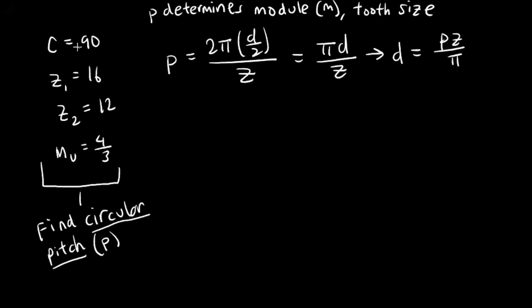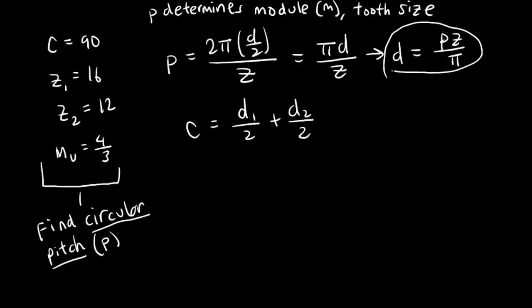Now, what do we know about the center distance over here? Well, we know it has to be the radiuses of the pitch circles added up. So that's going to be d1 over 2 plus d2 over 2. Now we can plug in what we just found into that equation. So what we're going to get now is pz1 over 2 pi, plus pz2 over 2 pi. So now let's factor out the p.